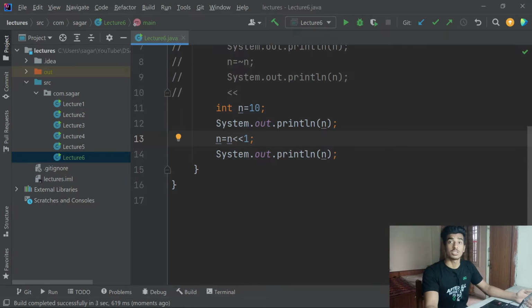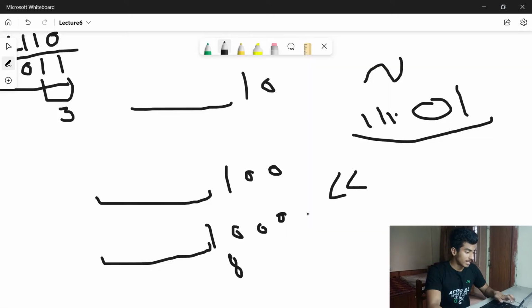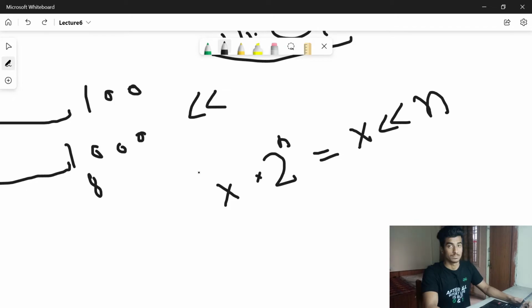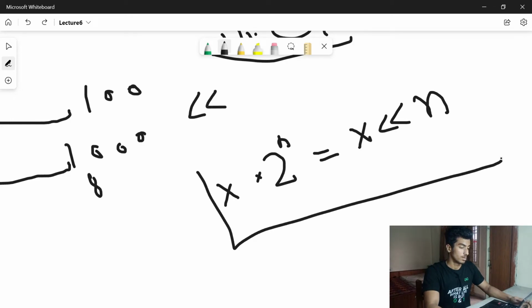So in place of using the arithmetic multiply operator, you can use this left shift operator when you want to multiply some number with 2 to the power. So here we can have a conclusion that when we have some number x and we are multiplying it with 2 to the power n, then we can also write it as x left shift n times. This is the same thing.